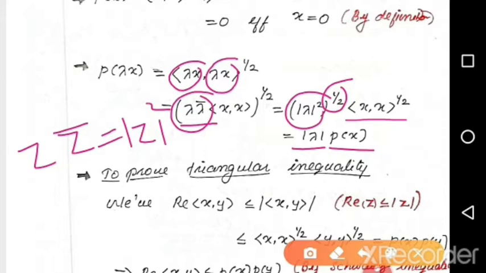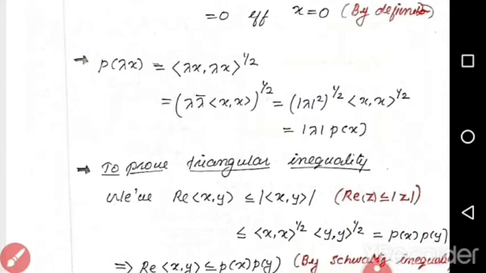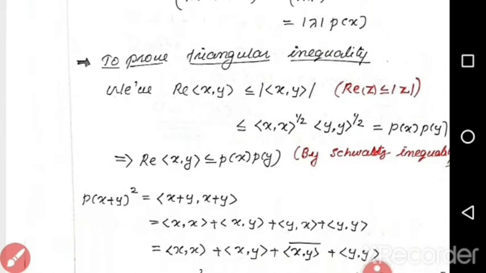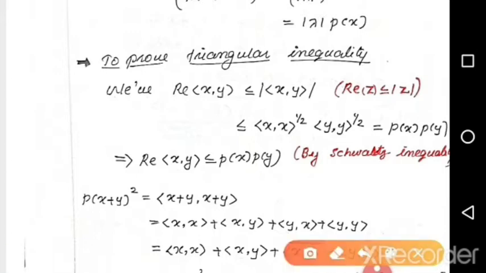Now, to prove the triangular inequality, we start with real part of inner product xy, which is less than or equal to modulus of inner product xy. If z is a complex number, we know that the real part of a complex number is less than or equal to its modulus. That is, here the real part of inner product of xy is less than or equal to modulus of inner product of xy.